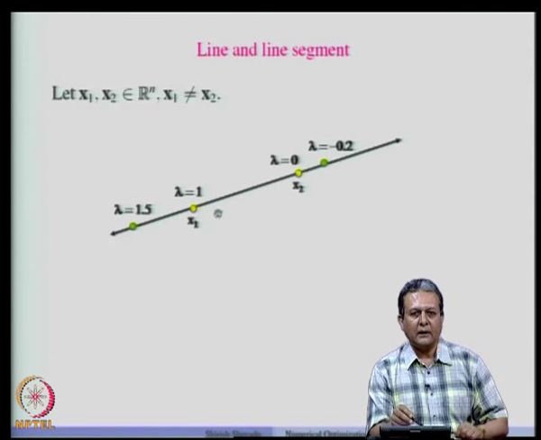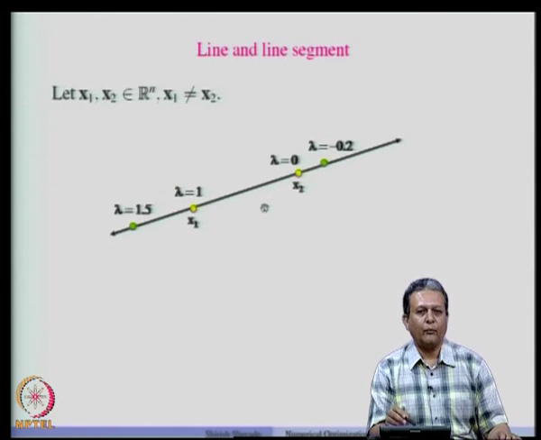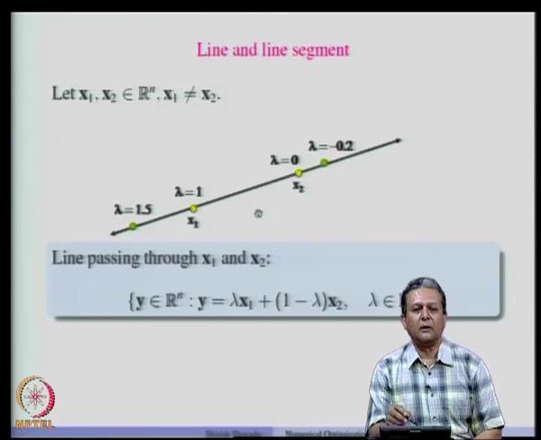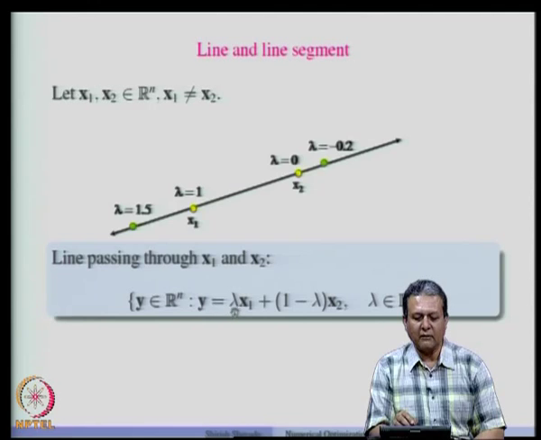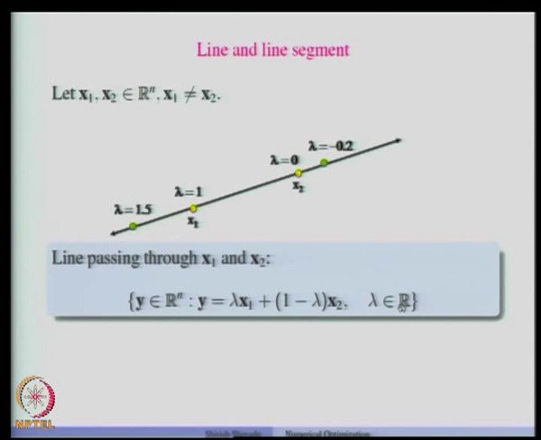So, the line passing through x1 and x2 can be represented by a set of y, such that y can be written as lambda x1 plus (1 minus lambda) x2, where lambda belongs to the set of real numbers. If we plug in lambda equal to 1, we get y equal to x1 as the second quantity vanishes.